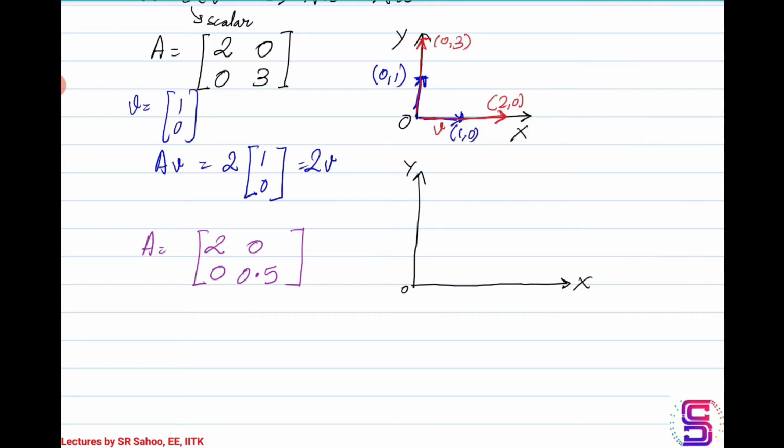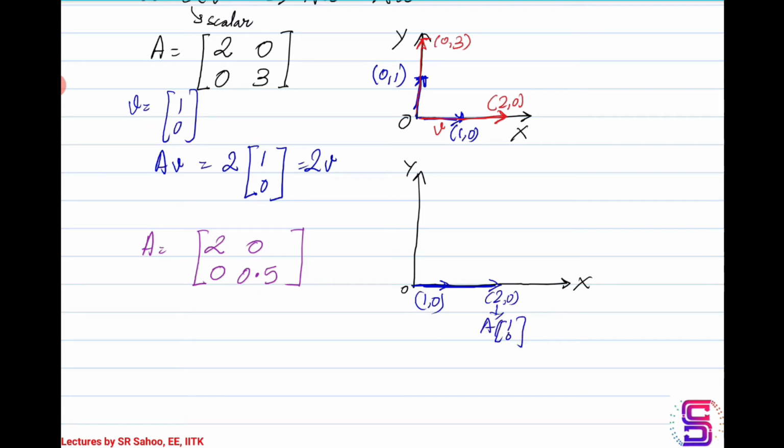So if you take the vector 1 0, when A acts on this vector, you get a vector which is twice its length, which is 2 0. Okay, so this is nothing but A acting on 1 0.